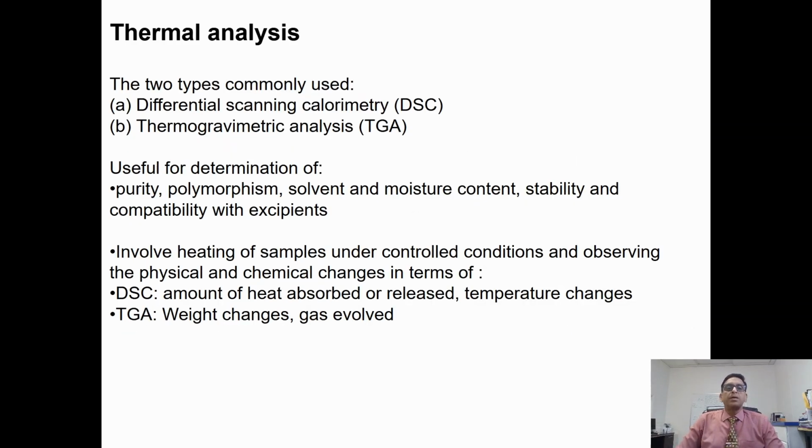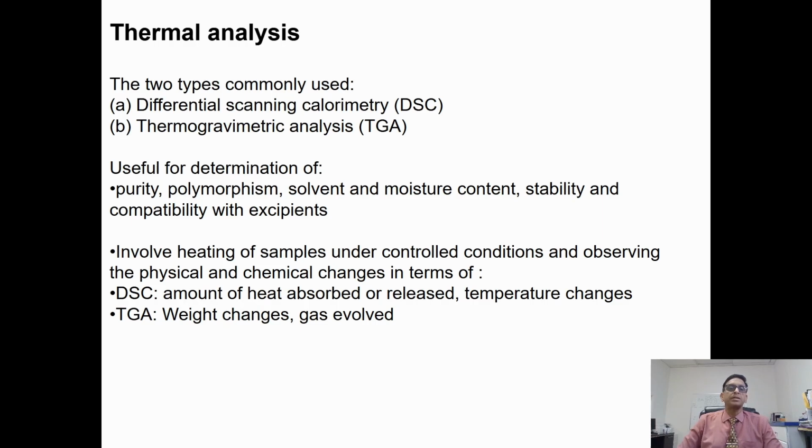The next one is thermal analysis. Most commonly we use DSC or TGA, and among them DSC is more popular in drug excipient analysis or polymorphic forms analysis. DSC is very commonly used.